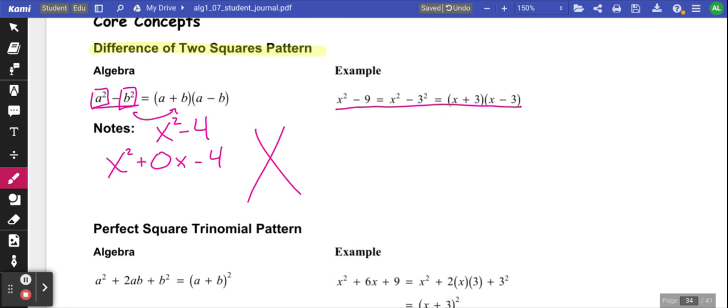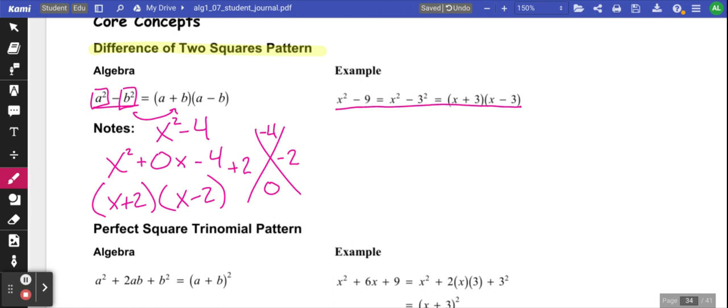I can do the little x and say I want it to add up to 0 and multiply to negative 4. We're really just using the same process we've seen before. Since it's multiplying to a negative, I want a positive and a negative as my two factors. In order for it to add up to 0, I'm going to need positive 2 and negative 2. So this is going to factor as x plus 2 and x minus 2.